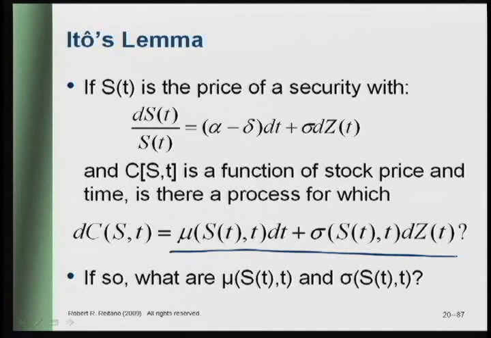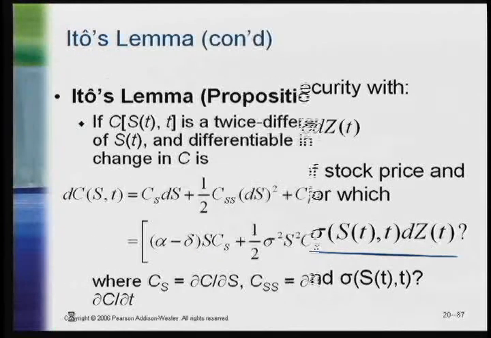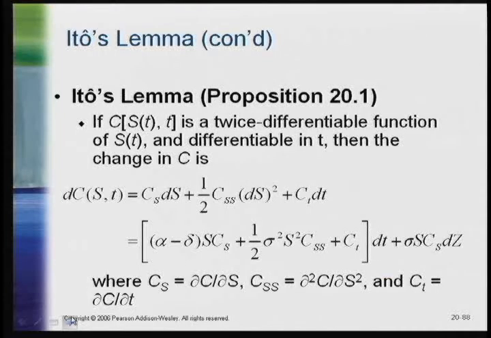Is there some function, mu and sigma, that defines the price process of an option on S? And if so, how do we determine these coefficient functions? And Ito's lemma, in fact, gives us the complete answer.